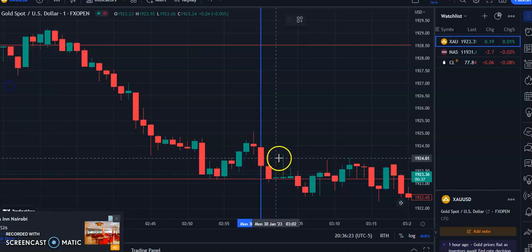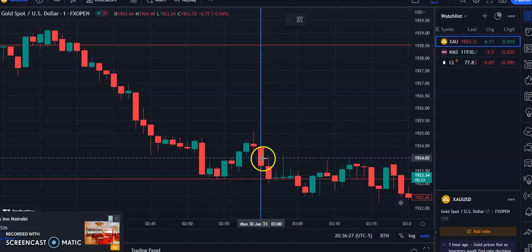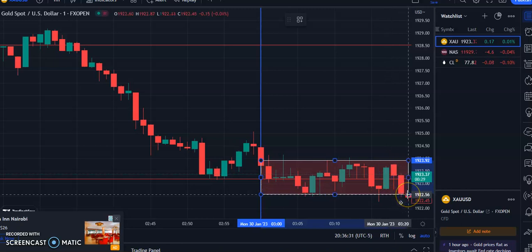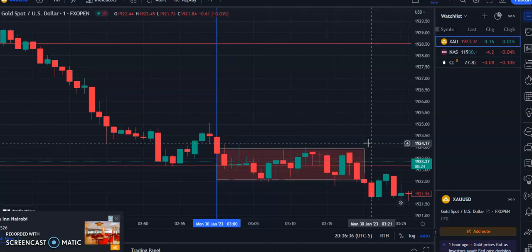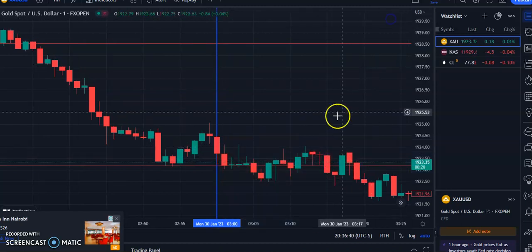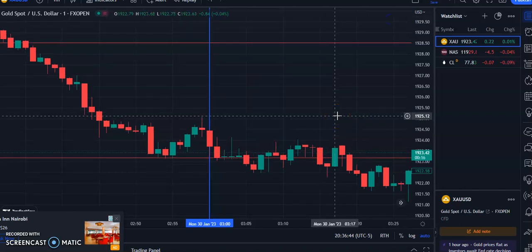It was just pins, all these pins. There was no clear direction of what the market really wanted to do. But since we know that we are trading at the extremes, we are looking for a reversal.